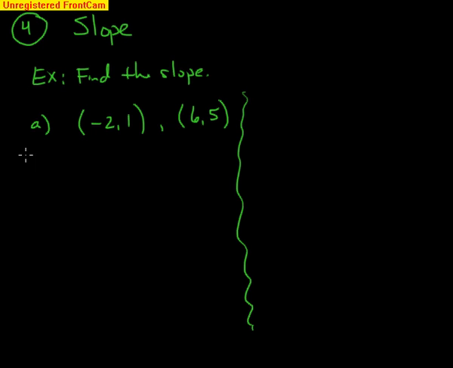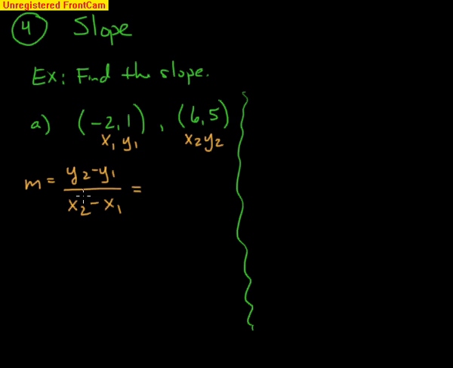So first thing is we need to write the formula. M equals y2 minus y1 over x2 minus x1. Then we label the points x1, y1, x2, y2.